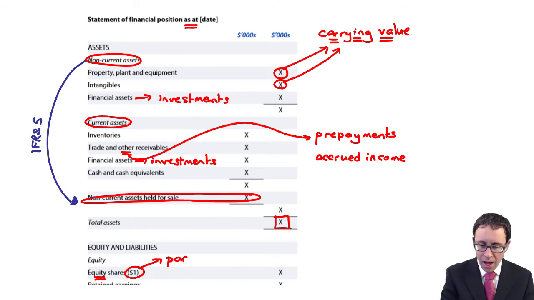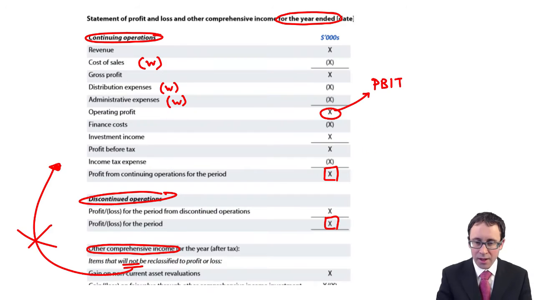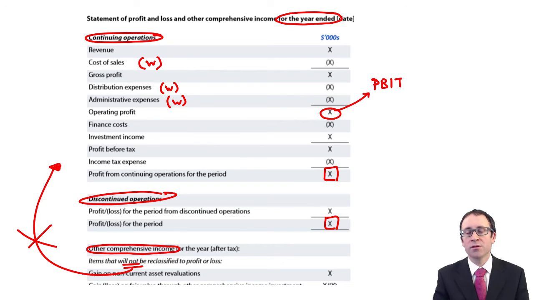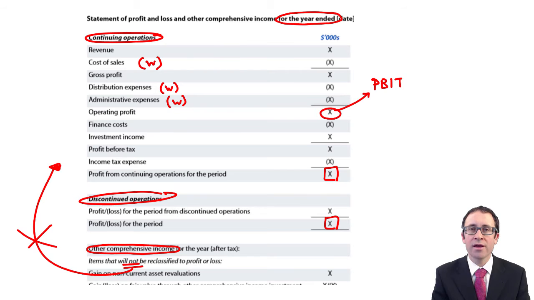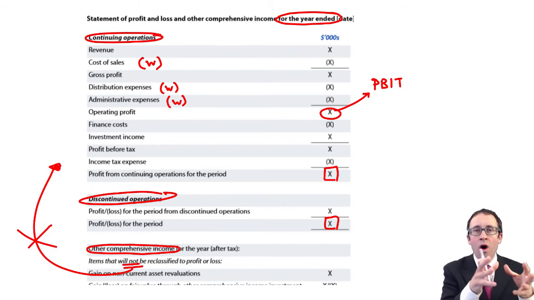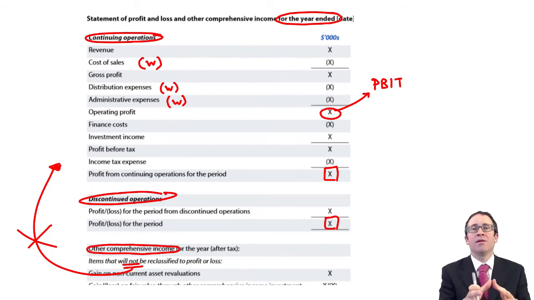Okay. Likewise as well, if we go back to our statement of profit or loss, we normally just see one column for all our revenue down to our net profit for the year. However, if we know that there is an operation within the business that is being wound down and that will not be there in the next accounting period, then that can meet the definition of a discontinued operation, and therefore we need to show the results separately.